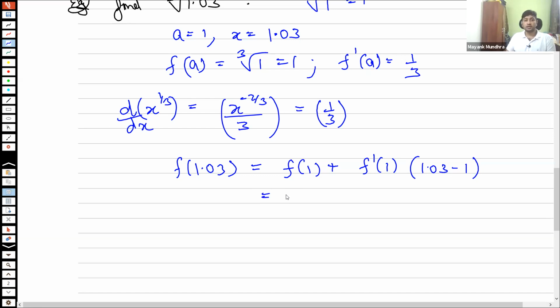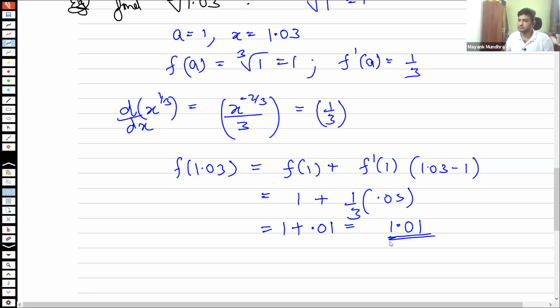So that is going to give me f at 1, which is 1, plus f prime at 1, which is 1 by 3, times 1.03 minus 1, which is 0.03. So this is 1 plus 0.01, so that is 1.01. So that's how linear approximations work.